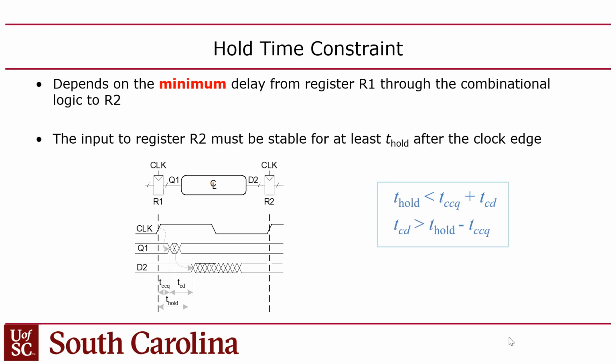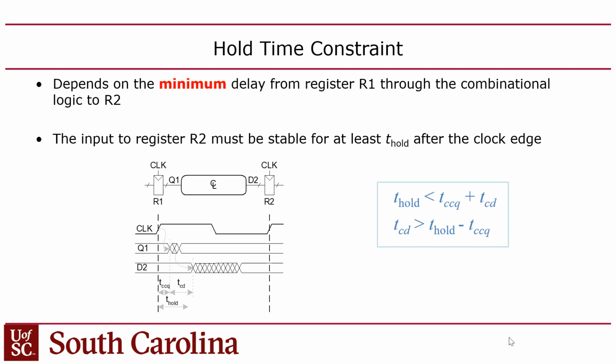So same thing, this second equation is the same as the first, but it's been reorganized such that the T hold, which is not something you can change, and the contamination delay of a flip-flop, you can't change those. Those are technology, that's part of the technology library. Those are on one side, but the TCD is on the other side because that's something you as a compiler, as a synthesizer, as a designer, you have power over this, but you don't have power over these two.